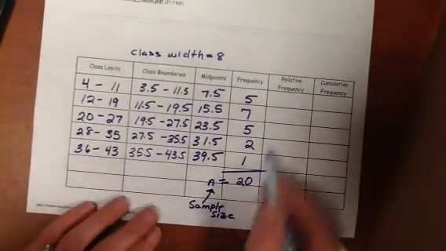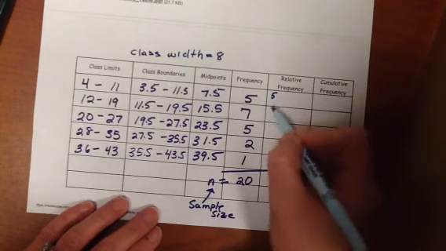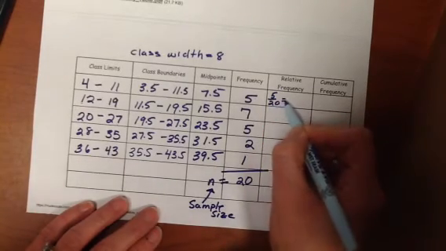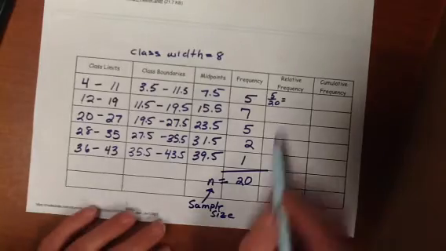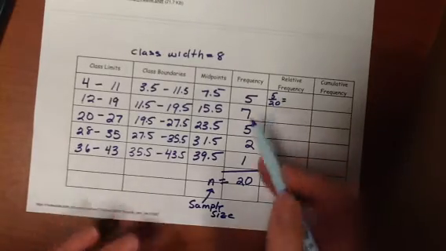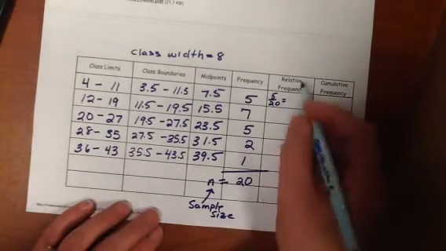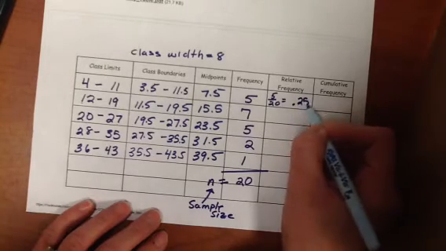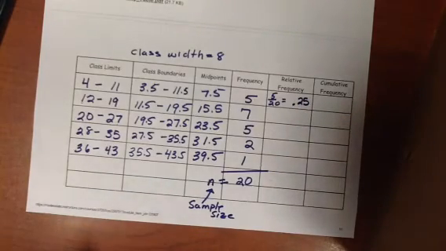So the relative frequency we calculate by taking the frequency for each class and dividing it by the sample size. So 5 divided by 20, which you may know reduces to 1/4 or 0.25. Oftentimes the relative frequency will show as a decimal.